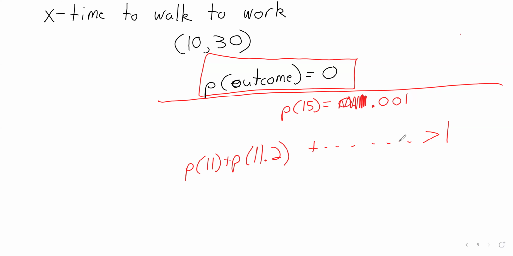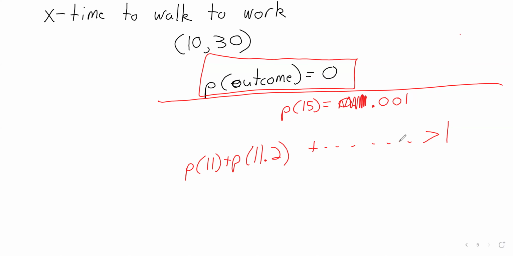That I walked to work this morning and I did arrive, and it did take me some amount of time to arrive. And our intuition is that if something has a probability of 0, it doesn't happen. But I did arrive, and it did take me however long it took.